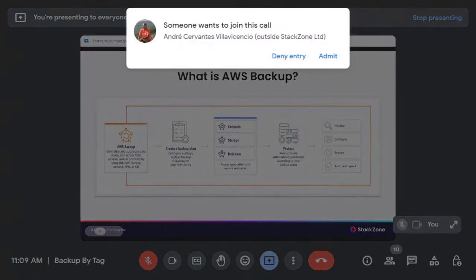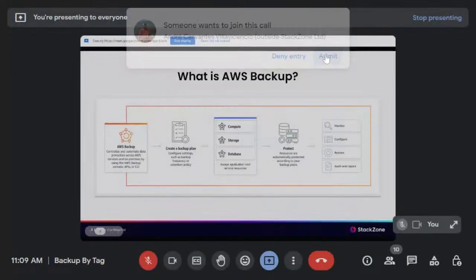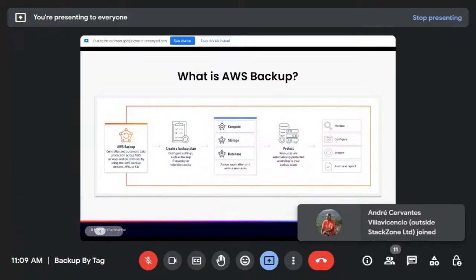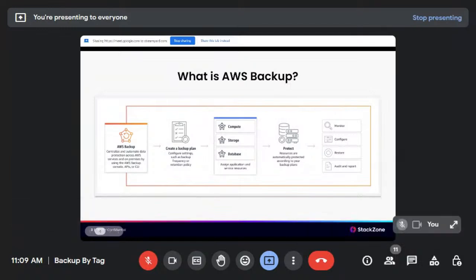So it tries to remove the need for custom scripts and manual processes. It is something that you can build once and have full knowledge that your backups are going to continue to be taken as your weeks and months go on.